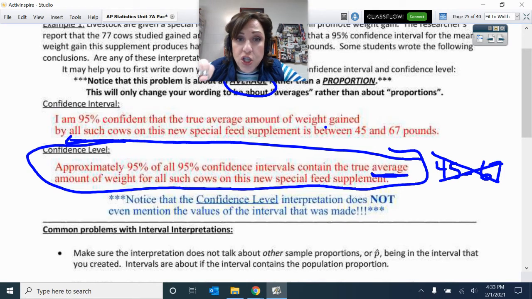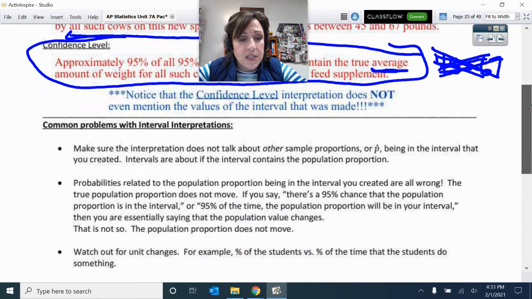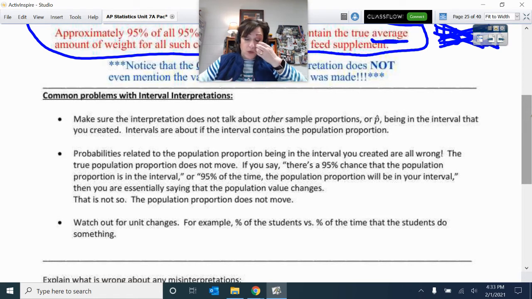So when you interpret confidence level, don't put your individual information in there. We're talking about overall. Okay, so let's go through some very common things that get thrown at you in the interpretations. So I'm going to give you the heads up on things to watch for, and then we're going to go look for those as we read through some interpretations.